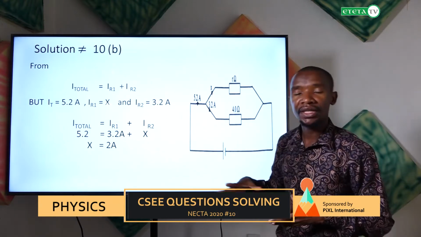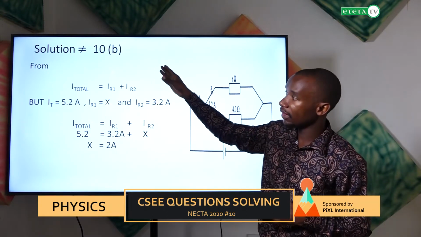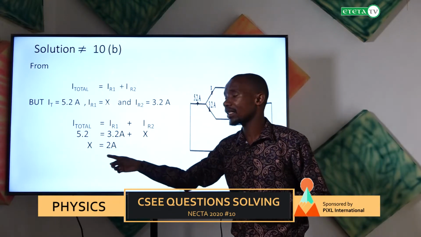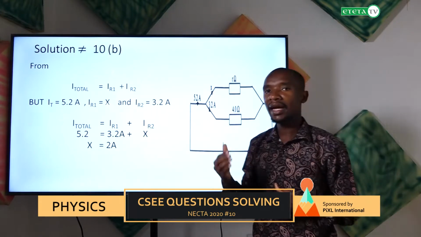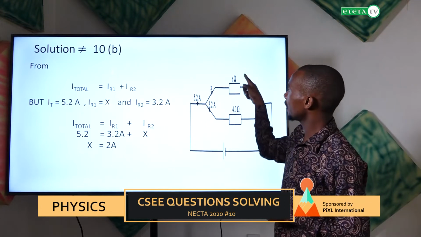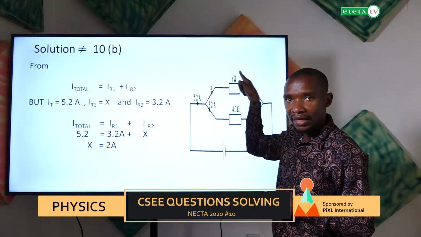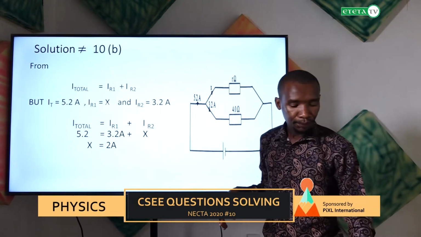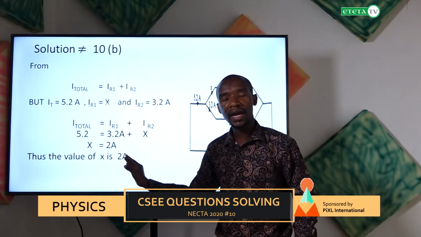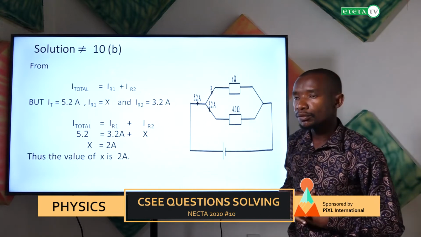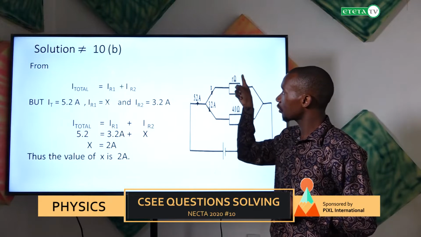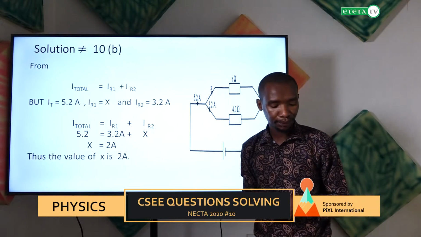Remember, in this question number 10, part B, first of all, we were asked to find the value of current that is flowing through X, and the other part is to find the value of this R. So the value of X is equal to 2 ampere. Let us now move to the part which is to find the value of this unknown resistor.